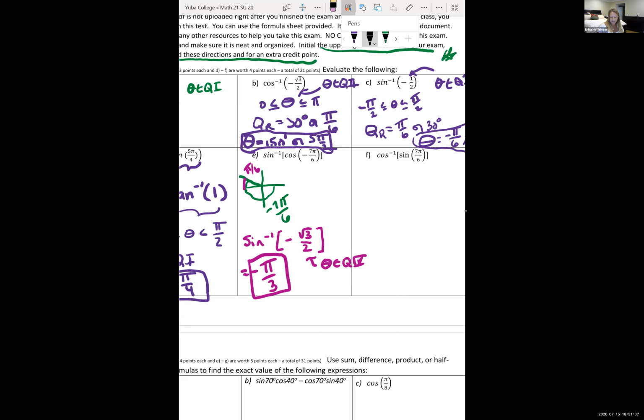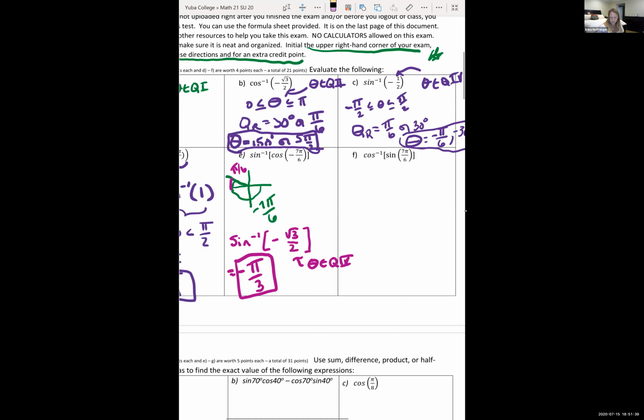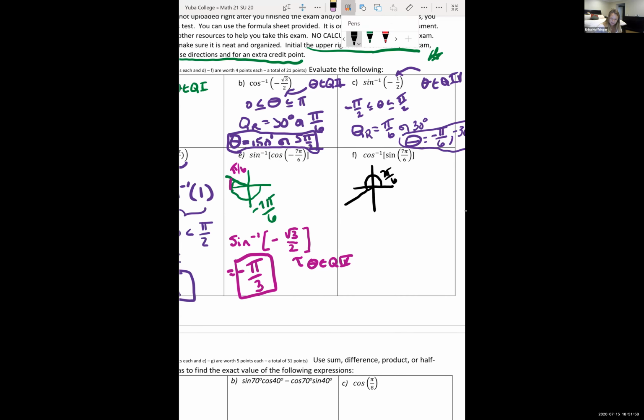Now 7 pi over 6 is almost the same, but this is positive 7 pi over 6. Going the opposite direction, counterclockwise, that would get us down into the third quadrant. Our reference angle is the same, pi over 6, but it's in the third quadrant.